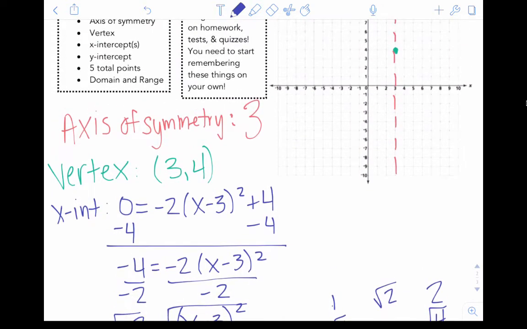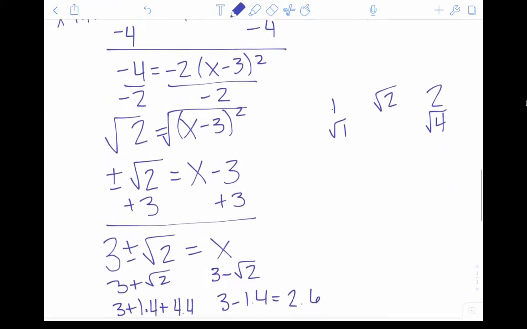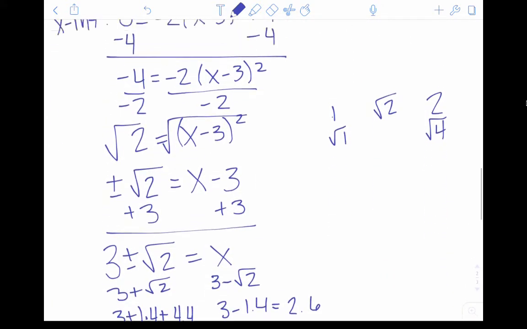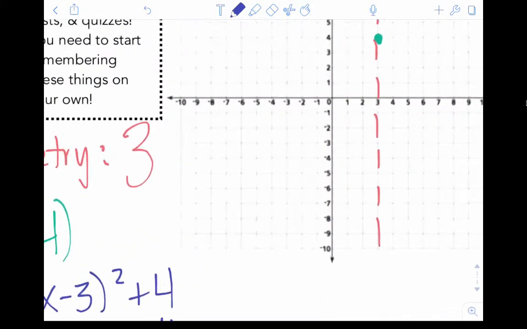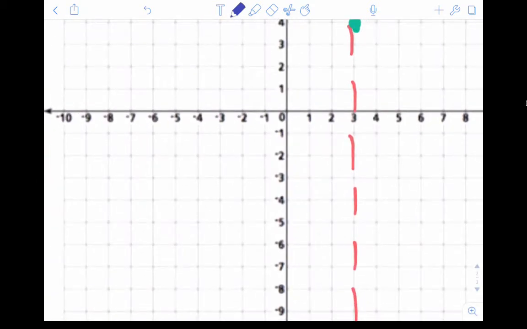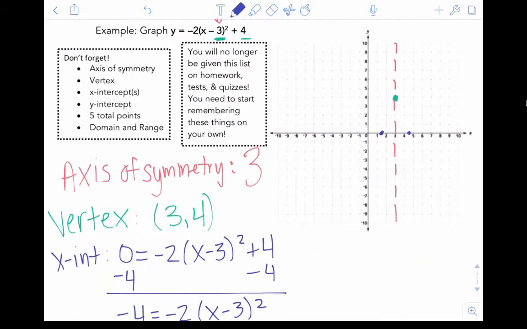I do know for sure that it's between 4 and 5 for my first one. So it's somewhere between 4 and 5, so I'm going to put it about there. And then it's somewhere between 1 and 2, so I'm going to put it about there. They're not going to be exactly perfect, but if they're in about the same spot, that'll be fine.